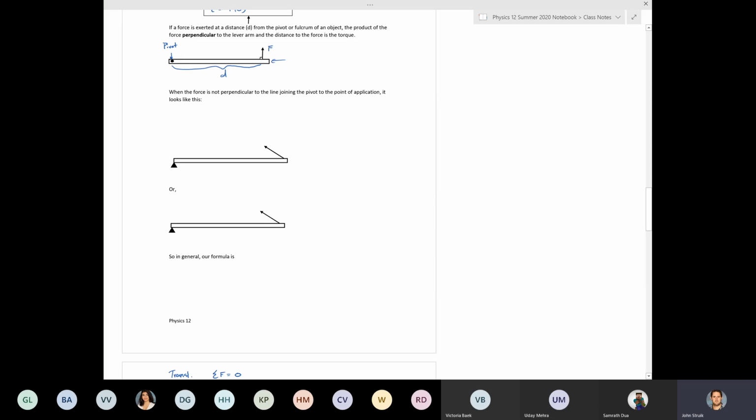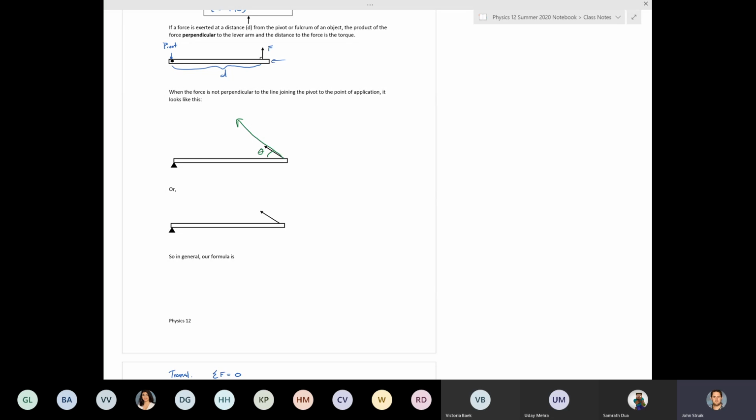So if we have forces that are at an angle to a lever arm, whatever that angle might be, let's call it theta, it's only the perpendicular component of that force that's going to cause torque. And there's two ways to kind of set this up.